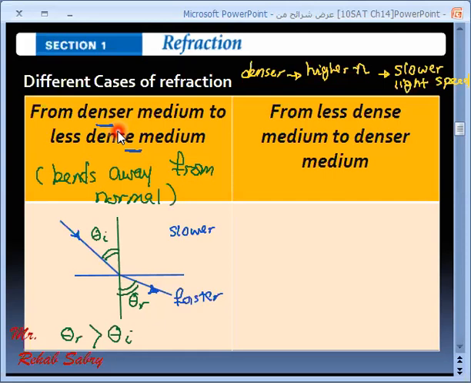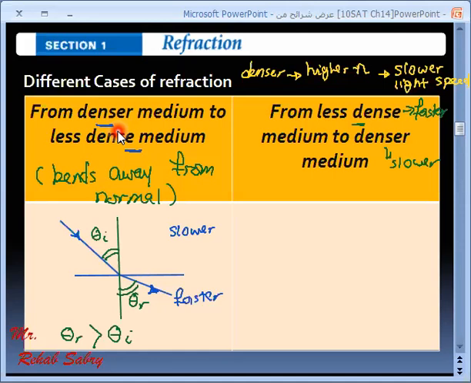The opposite will happen here. From less dense, we said less dense means faster, to denser, slower. So it will not escape away from the normal. No, it will bend towards the normal. Okay, so let's see what will happen here.